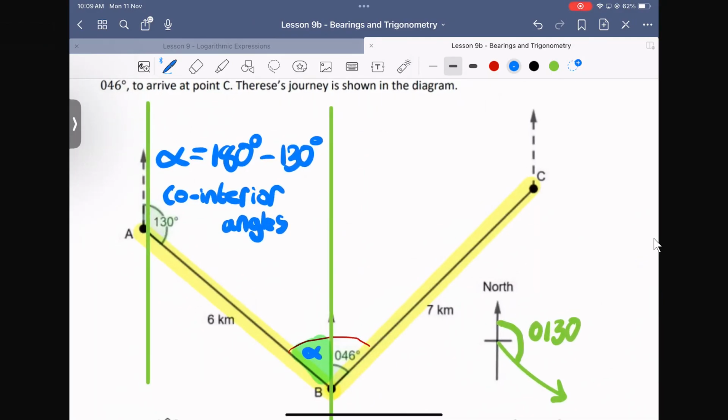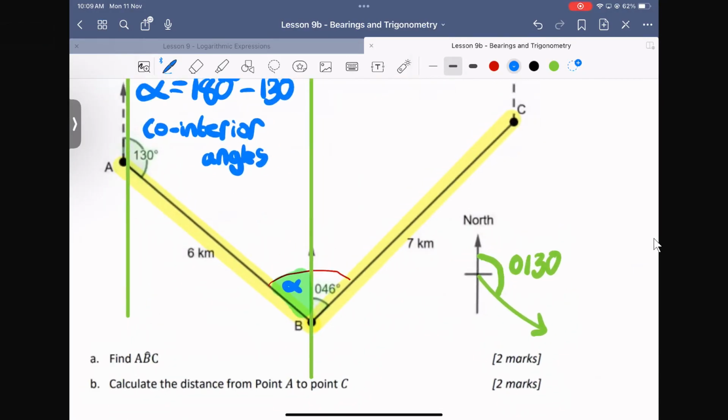But Ella mentioned the Z thing as well, because that one's also very useful. That would let us flip this angle down to here, which is obviously going to be 130 as well. That's part of the Z thing. This angle here is also going to be alpha. These are alternate angles.